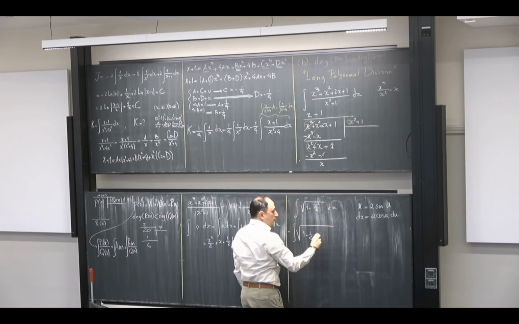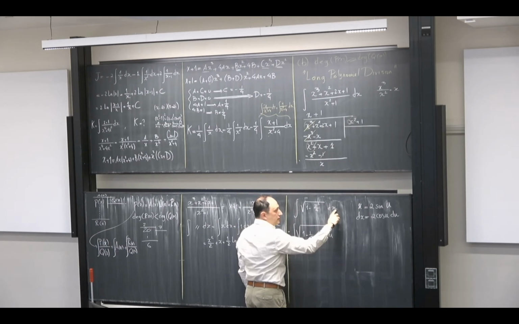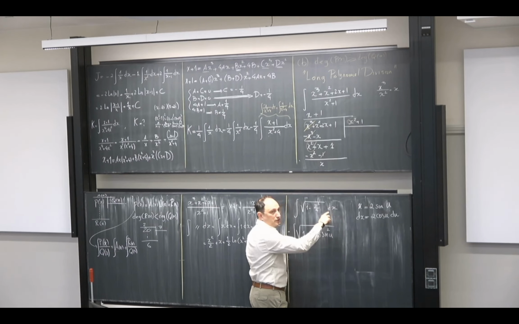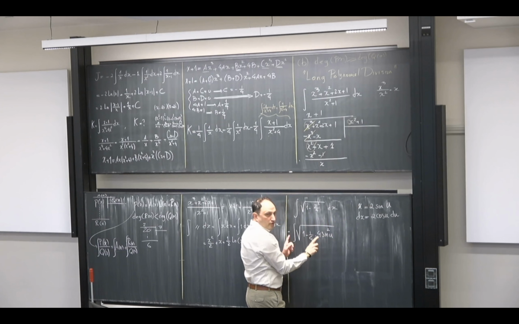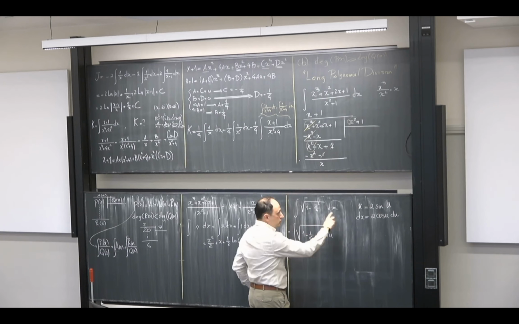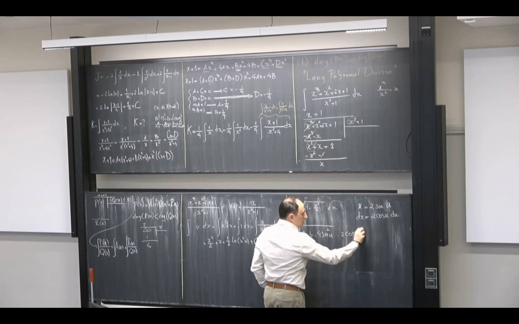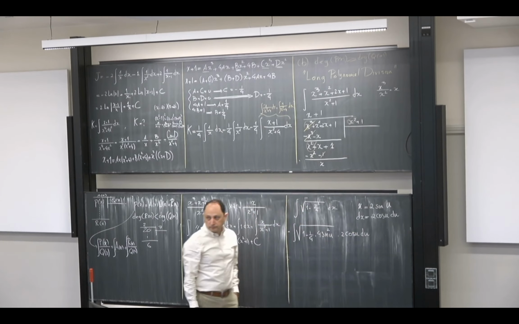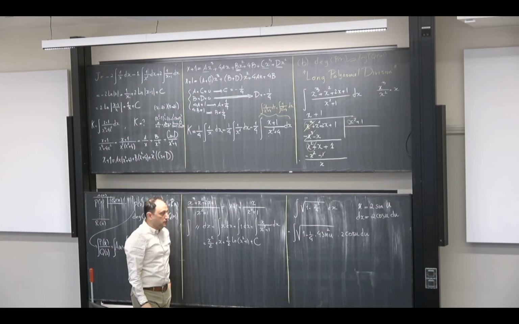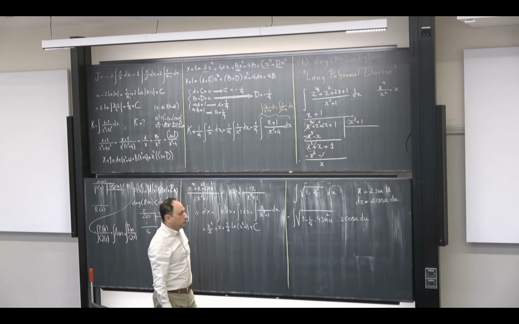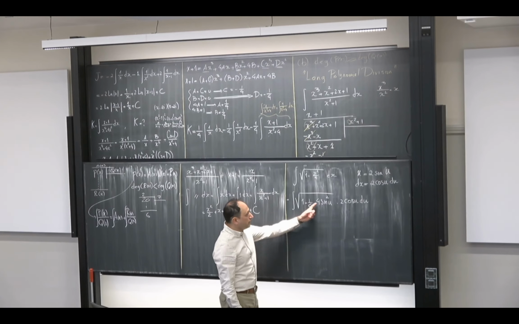X squared becomes 4 sine squared u, and instead of dx, I am not allowed to keep dx because I have to unify all the variables into one name. So this becomes 2 cosine u du. Yes? And now I want to continue. This 4 and that 4 are cancelled.